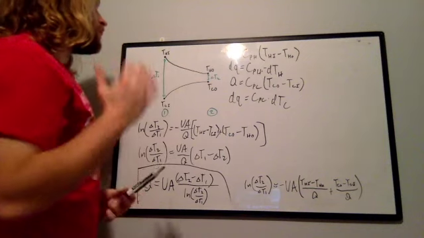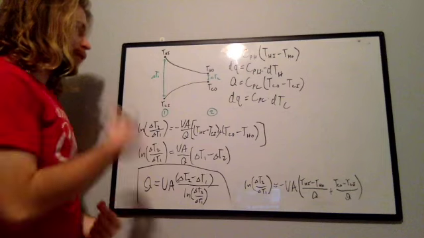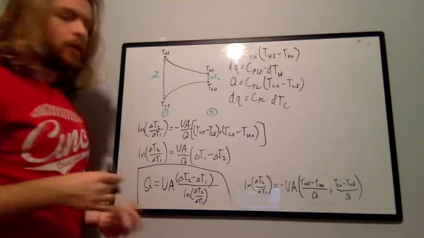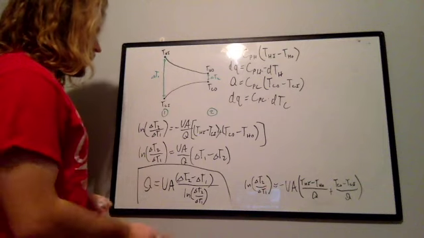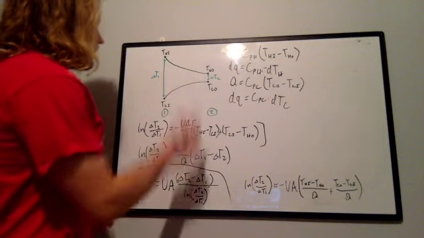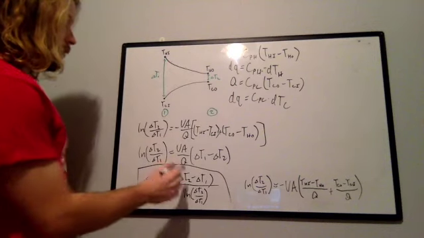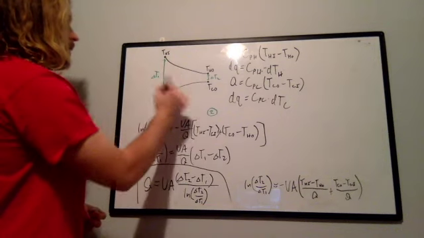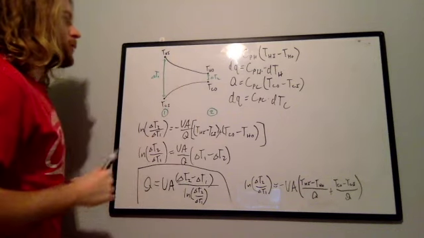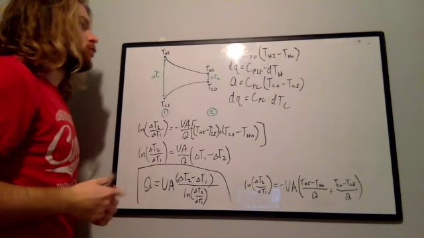And we can say that this expression right here will work for either situation, and that is because this expression only takes into account how the temperatures are changing in relation to each other, right? It is only taking into account the difference in the temperature between the two streams. It is not taking a look at how the heat is changing individually.